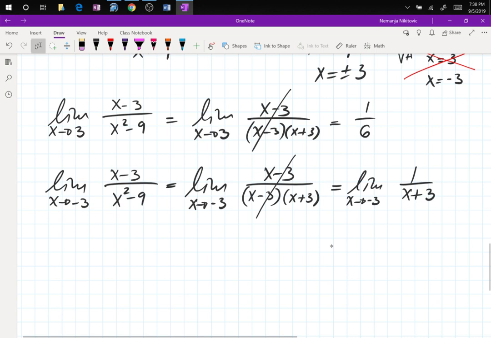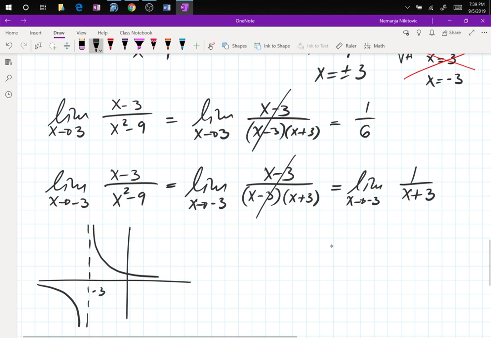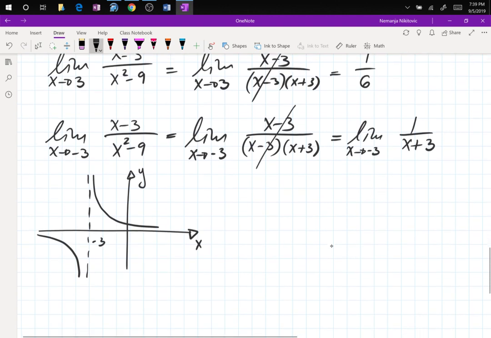We know 1 over x. What does 1 over x plus 3 do? Shift to the left. So we are going to put the 1 over x graph there, and then, come on, what is the immediate thing you see on a graph, without any further calculations?